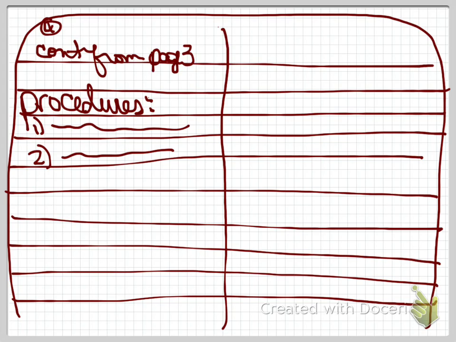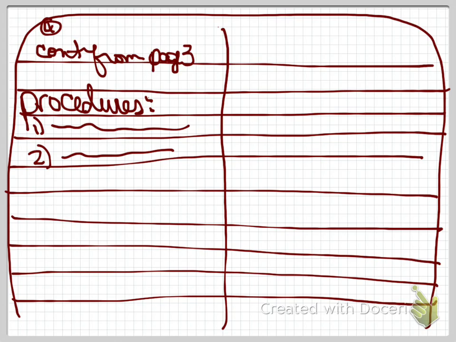All right? Now, once you have finished writing your procedures, the next thing is skip one line and you're ready for your experimental data. The experimental data for most students is the hardest part because you must write this on your own, and you're to write this as you're in the lab actually doing the experiment.